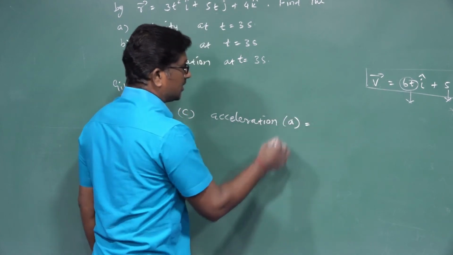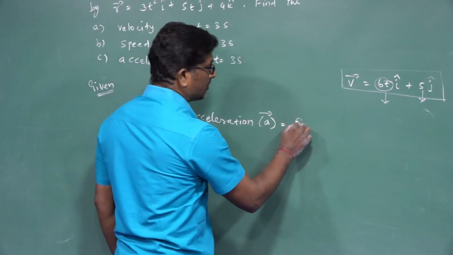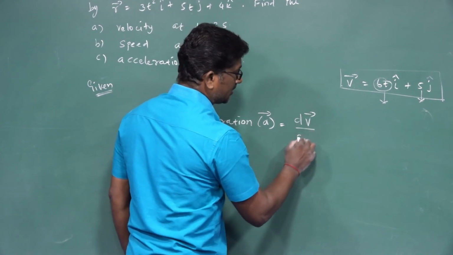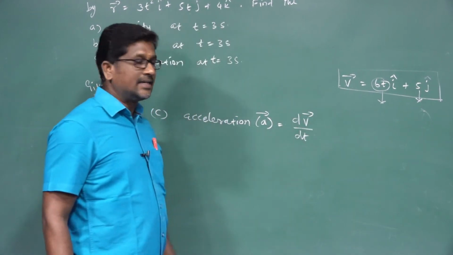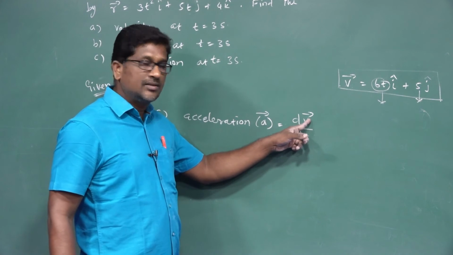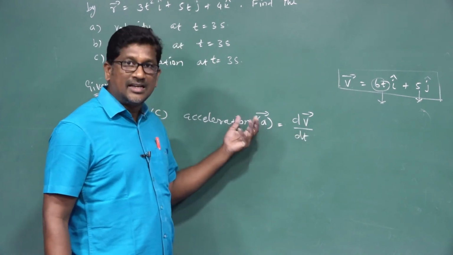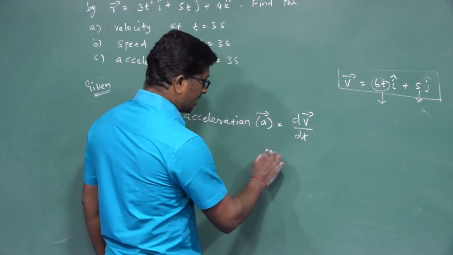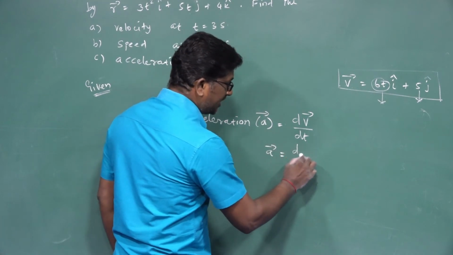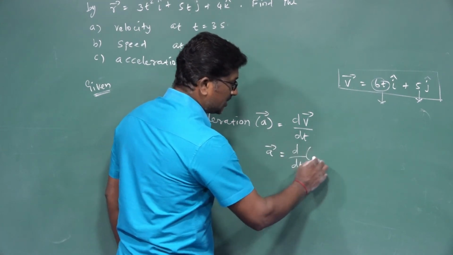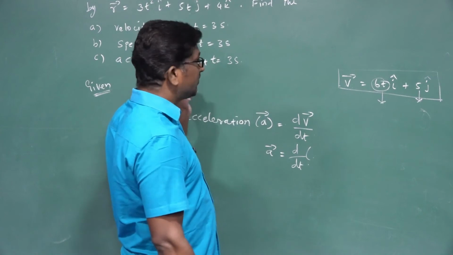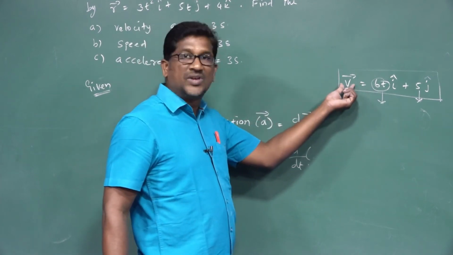Acceleration a vector is equal to dv vector divided by dt. The first derivative of velocity with respect to time is nothing but acceleration, right? A vector is equal to d divided by dt of the first derivative of position vector with respect to time, which gives velocity.